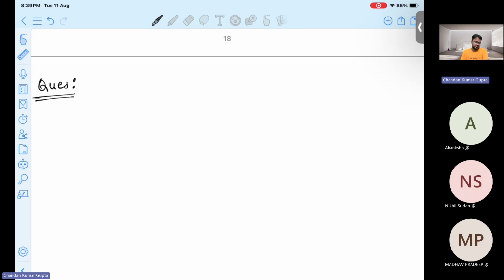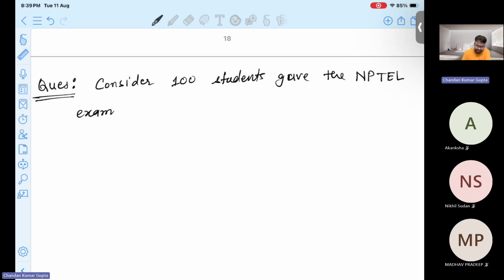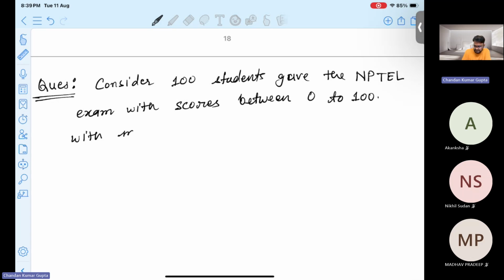It's based on the inequalities, obviously. We are given: consider 100 students who gave the NPTEL exam with scores between 0 to 100, with mean 50.